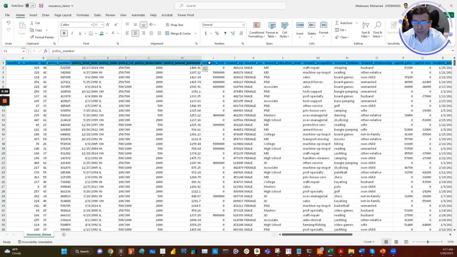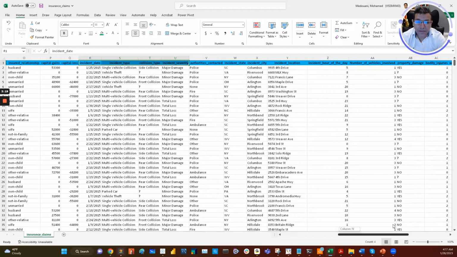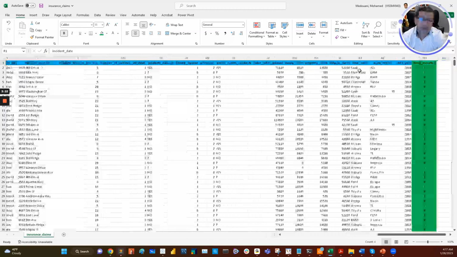So these are all different domains. We got some data from finance. We got some data again about the clients. Then we got some data from the incident, from the claim domain. And then we got some data about the cars and those involved, etc. Then we got our target variable.